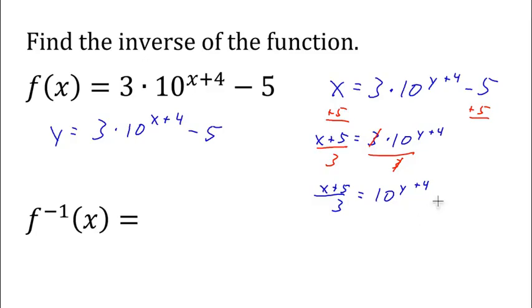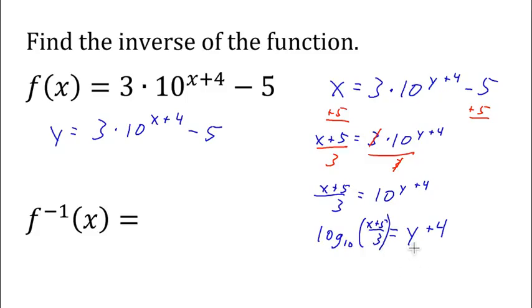All right, we have the exponential expression all by itself. Let's go ahead and use the definition of a logarithm to rewrite this so that we can get an equation that says y equals. So here the base is 10, so we'll have log base 10. The log will always equal the exponent, so that's y plus 4, so that goes over here. We'll fill in here with x plus 5 over 3.